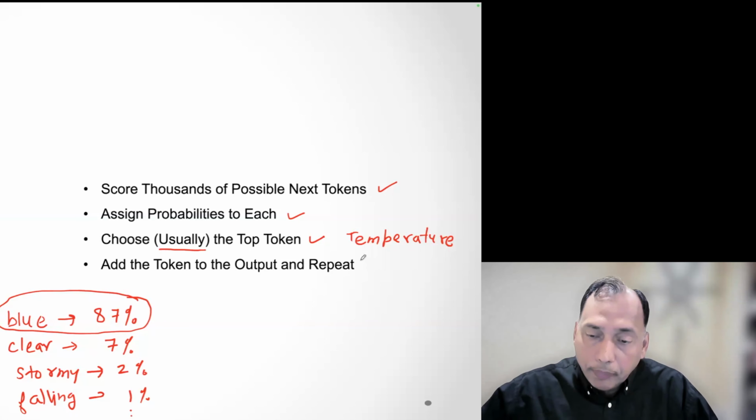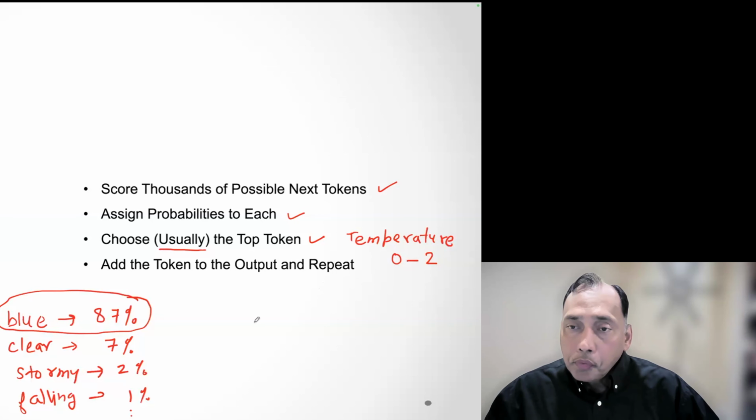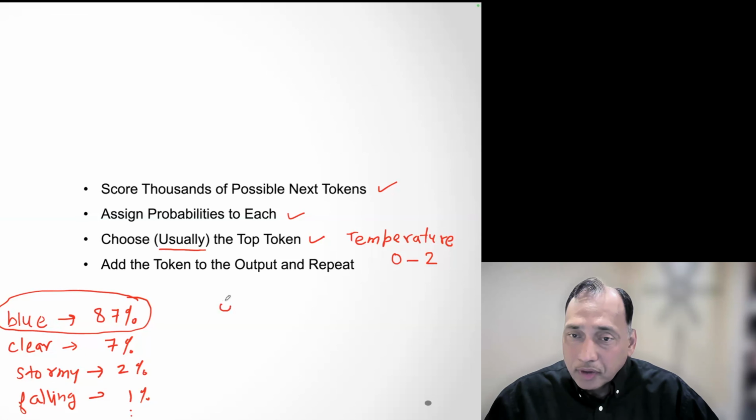So typically, for those people who use GPT-4, the temperature setting ranges from 0 to 2, where 0 means more certain, less randomness. Let's say it is 0.2.